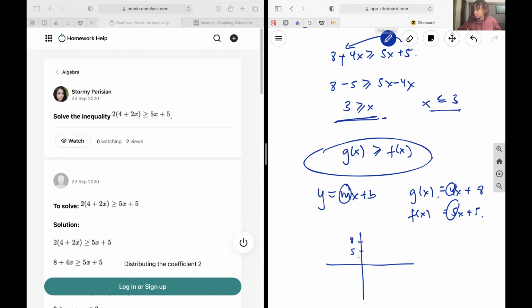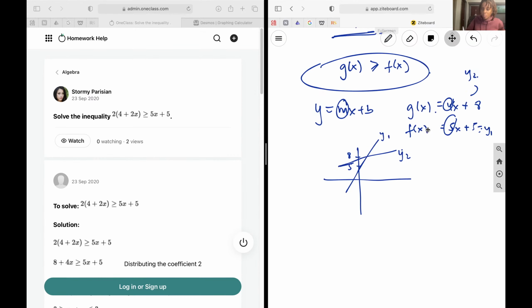The one crossing the 5 is more steep, and the one crossing the 8 is less steep. And so let's label these y1 and y2. F of x is y1, g of x is y2.